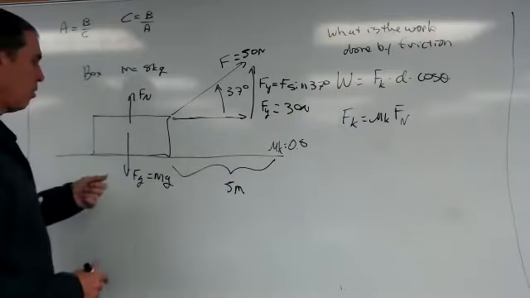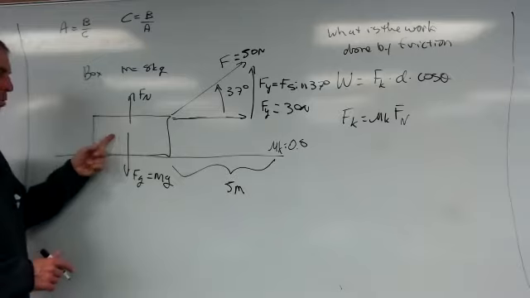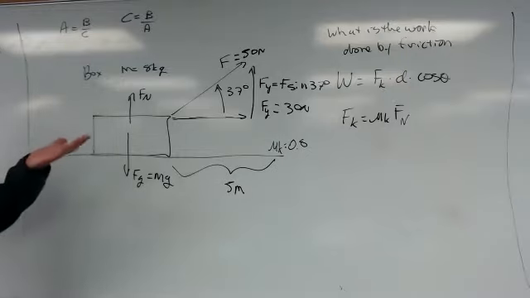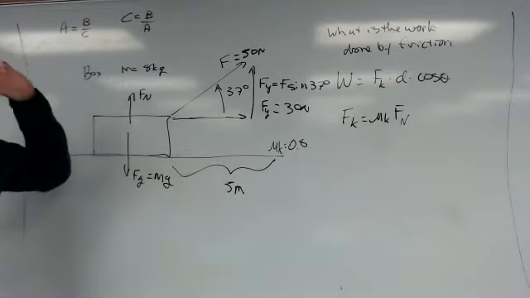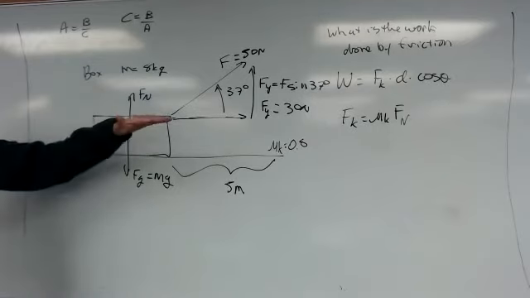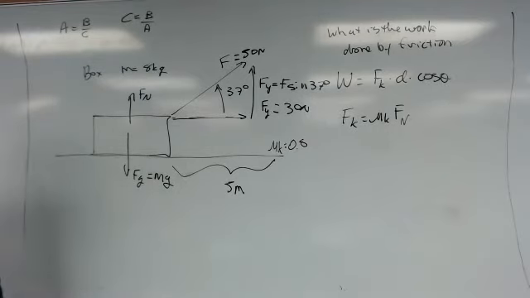And so what does that say about the normal force? So what's the net force on this box without thinking about anything that I just said? The box is sliding horizontally across the ground. What's the net force in the y direction on the box? 0.